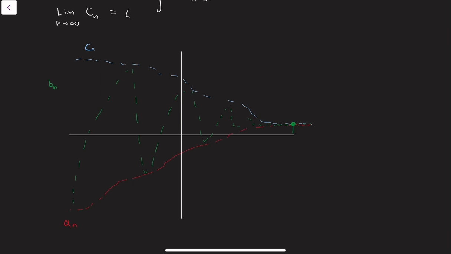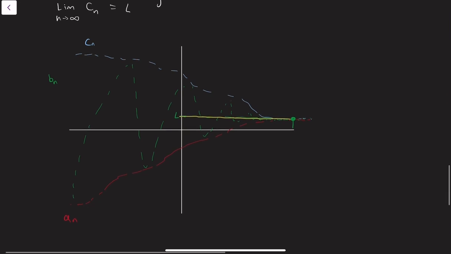So you can see right here, let's call this the value L. This value L is going to be the same for all of them, since b_n is bounded by a_n and c_n, which approach this value L. So we say this is the squeeze theorem, because we have a sequence that is bounded by two other sequences. Great.